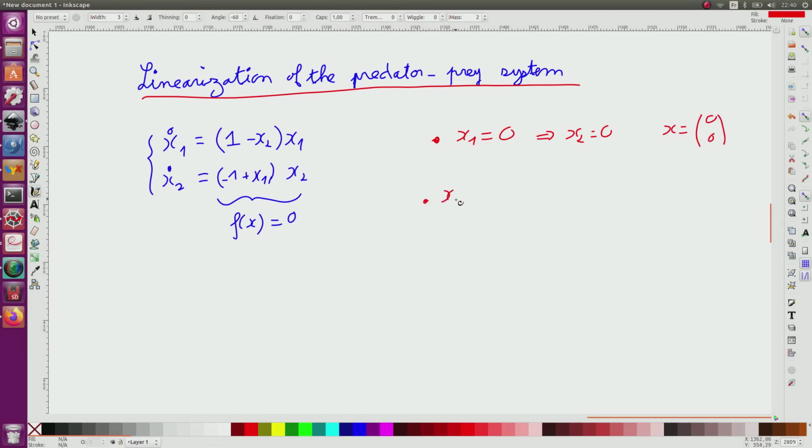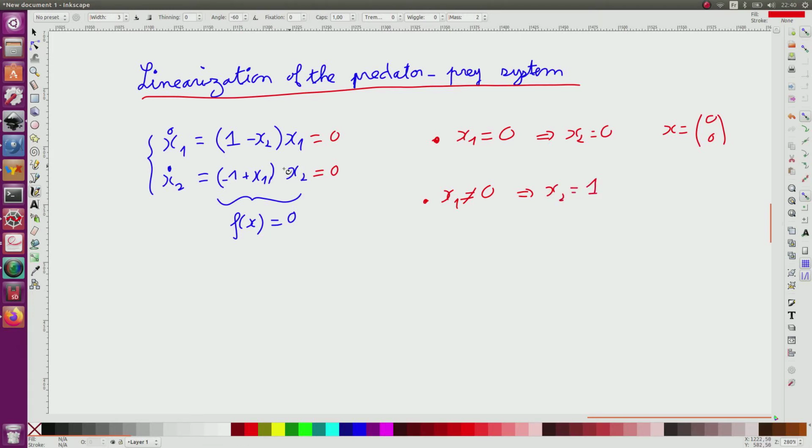Now assume that x1 is different from 0. Since f of x equals 0, this is equal to 0 and this is equal to 0. This term is not equal to 0, so this one is equal to 0. So it means that x2 equals 1.